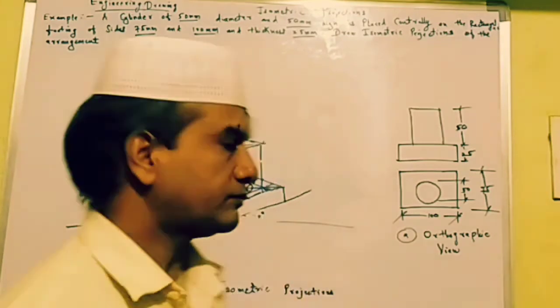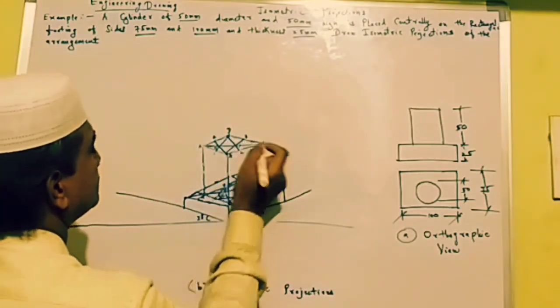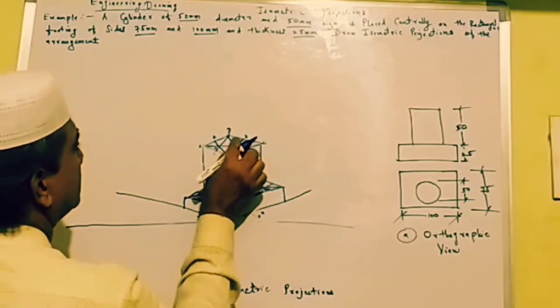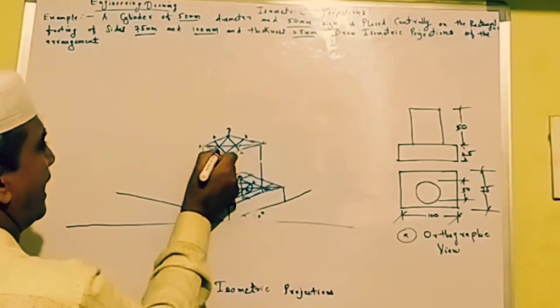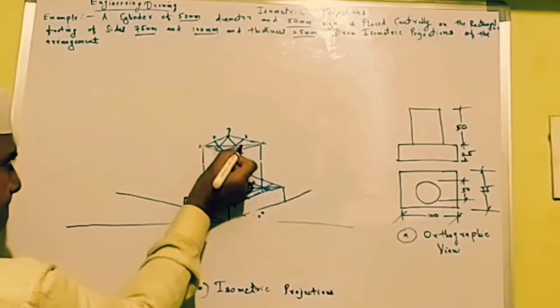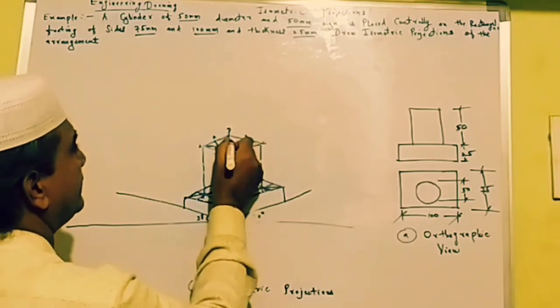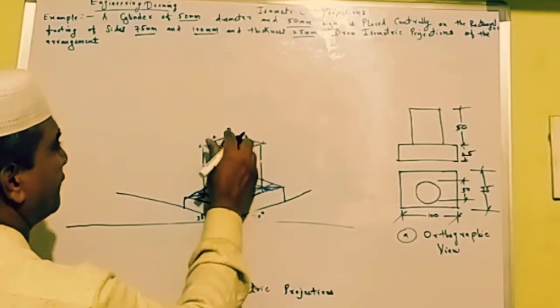Now with D as center, D1 as radius, we draw arc 1, 2. With D as center and D1 as radius, draw arc 3, 4.